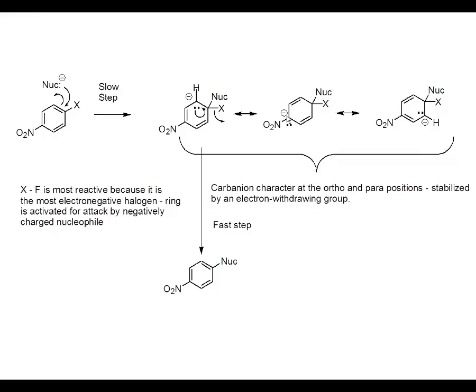Remember how we said it was not good to put a positive charge right beside a nitro group because it's electron withdrawing, but it's really good to put a negative charge beside a nitro group, because this anion has too much electron density, so you want to get rid of some of it.